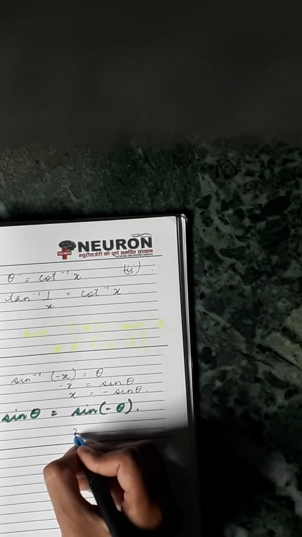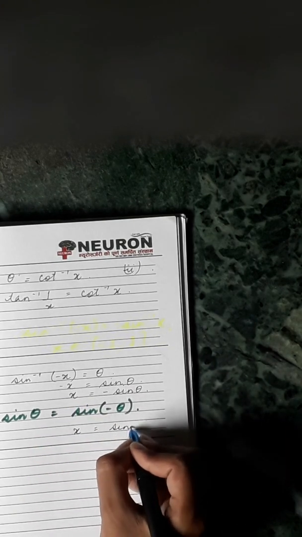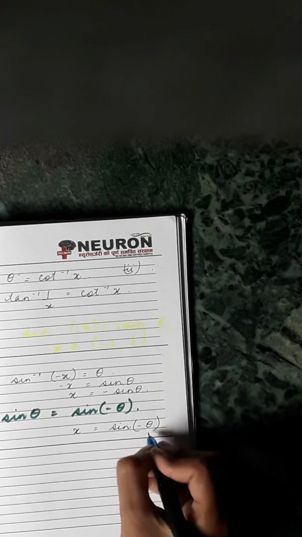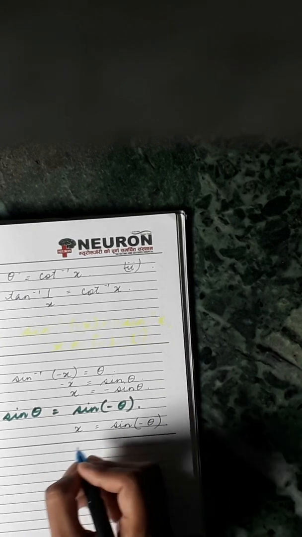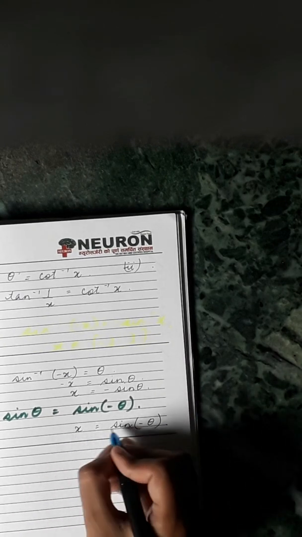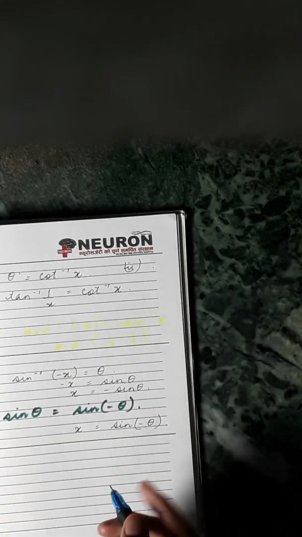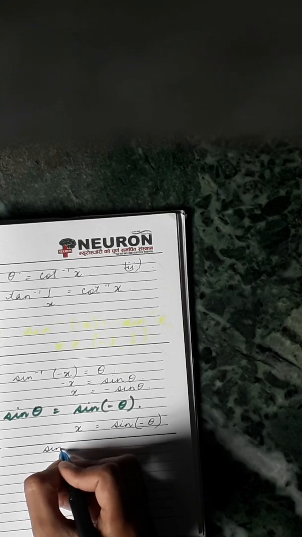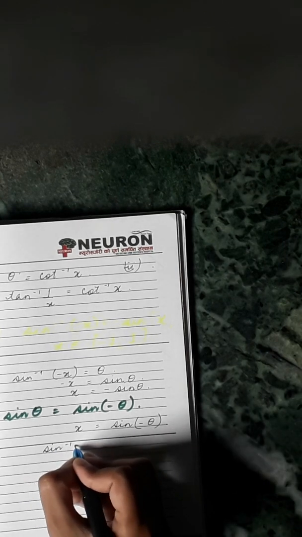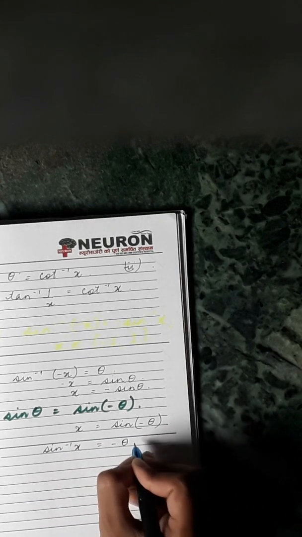So, x is equal to sine of minus theta. Now, if you take the sine from RHS to LHS, what will it become? Sine inverse x is equal to minus theta.